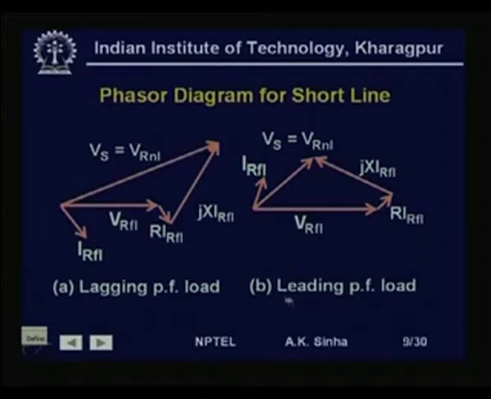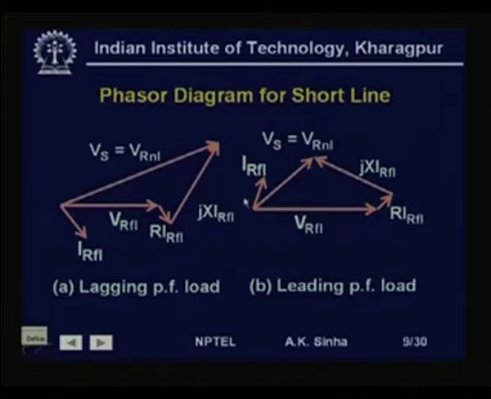Similarly, if the current is of leading power factor, again choosing V r full load as a reference voltage, and since the current I r full load is a leading power factor load, it leads this voltage by some angle theta. Then again by adding the voltage drops, we get R times I r F L, the drop in the resistance, plus j X times I r F L, the drop in the inductive reactance.